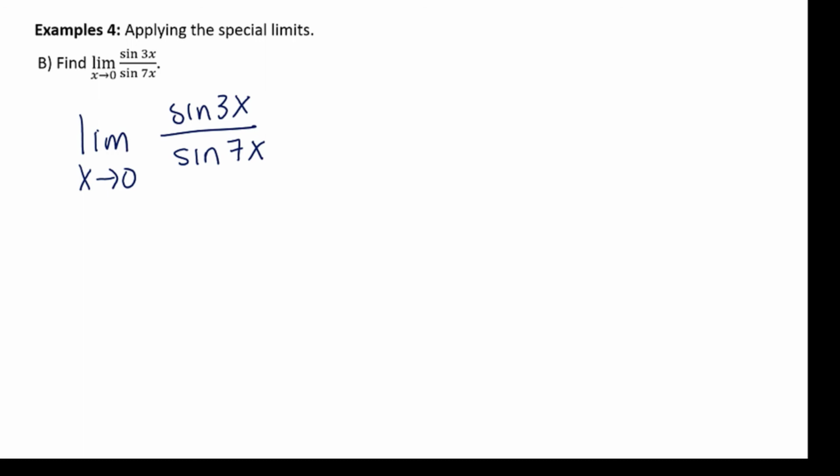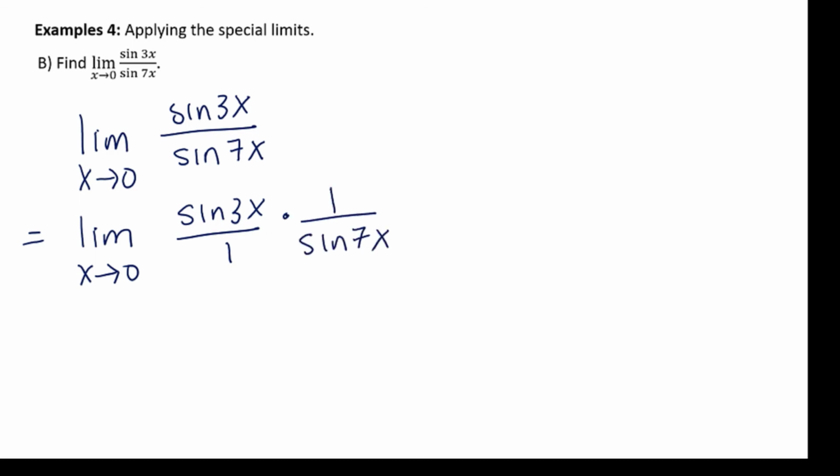Let's rewrite this so that it looks like the limit as x approaches 0 of sine of 3x divided by 1 times 1 divided by the sine of 7x. Remember, what we're trying to do is rearrange and manipulate the numbers and signs so that we get to use the special limit property, the limit as x approaches 0 of sine x over x equals 1.